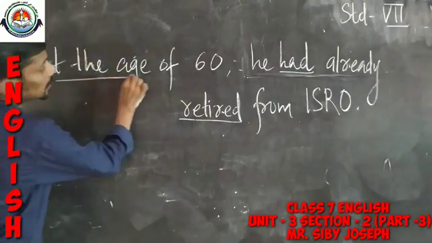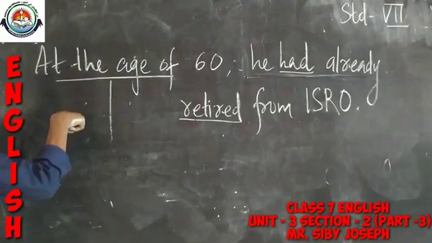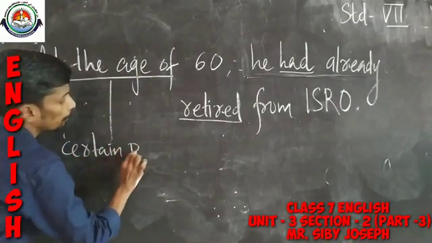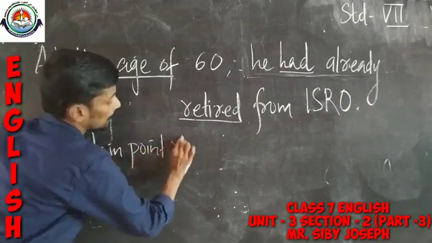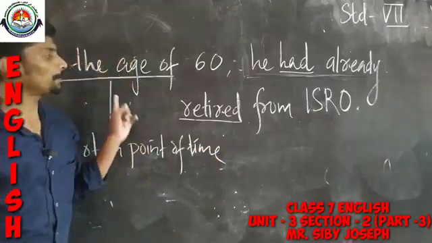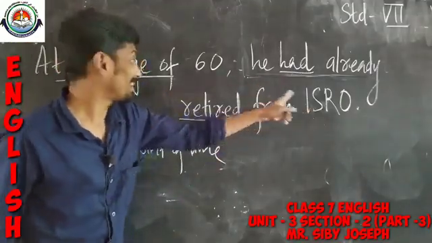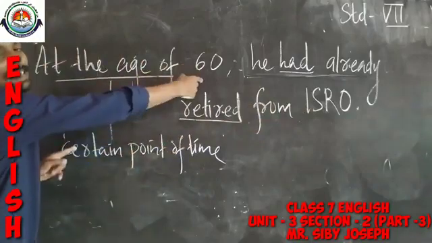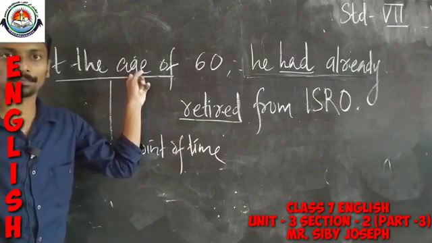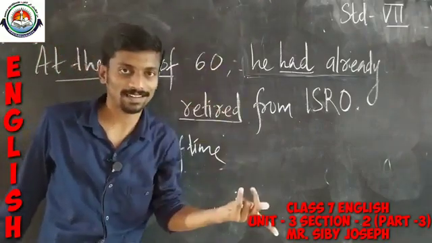So, look at this explanation. Yes, it speaks about a certain point of time. At what time had he retired from ISRO? Yes, at the age of 60. So, it speaks about a certain point of time. When he was 60, he had retired.